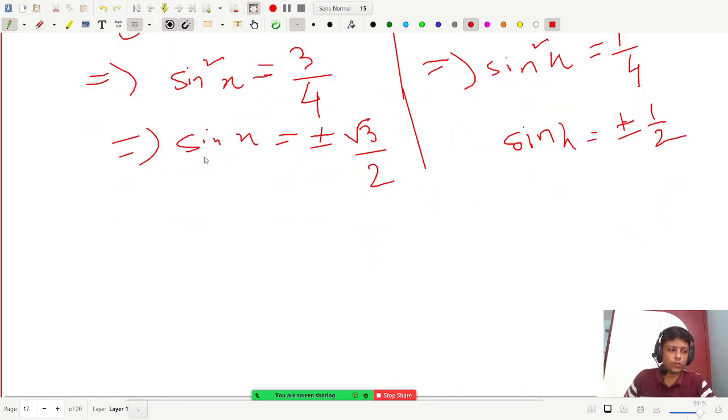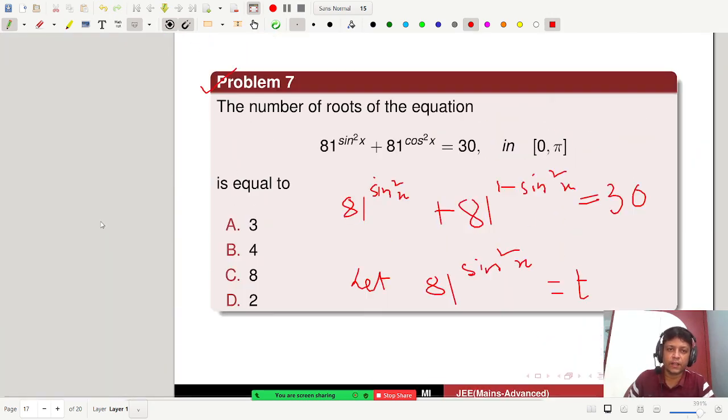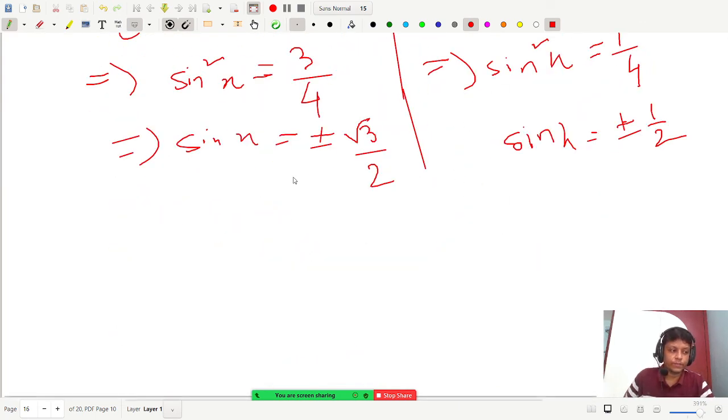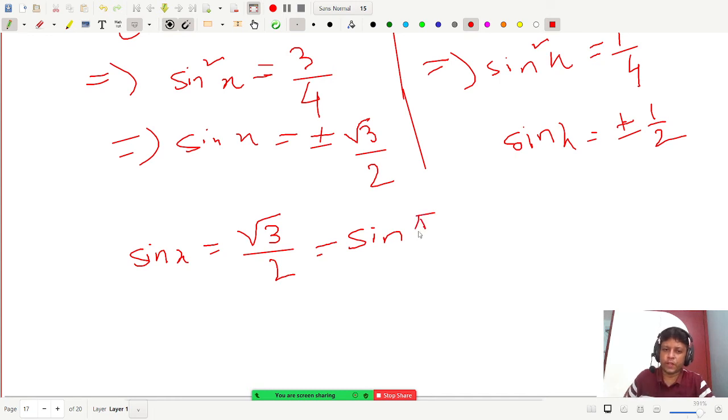Now sine x is equal to root 3 by 2. So you have the interval 0 to pi. Look at that, the range is 0 to pi, in that range only. So in that range you have sine x equal to root 3 by 2, that is equal to sine pi by 3, or sine pi minus pi by 3.